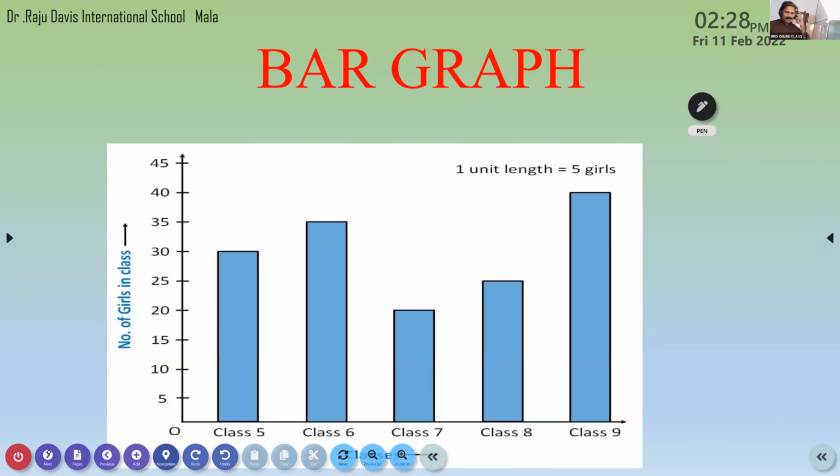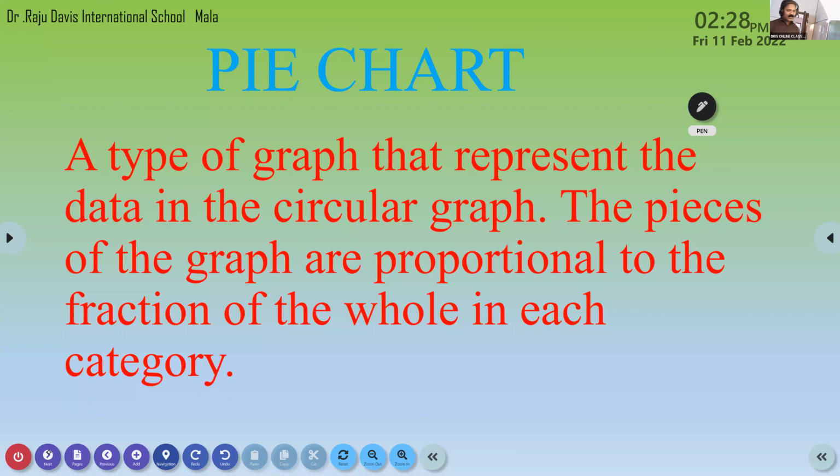So next one is the pie chart. In the case of pie chart, it is a type of graph that represents the data in the circular graph. That is known as pie chart.